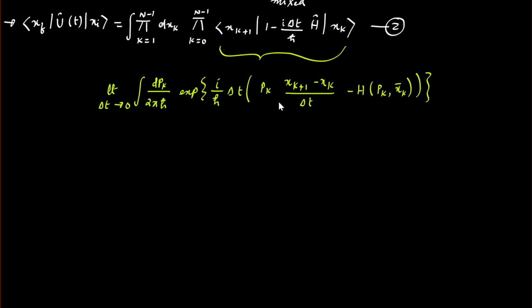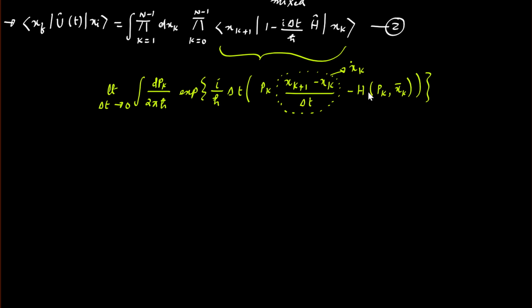You can see carefully that when delta t tends to 0, this expression is nothing but our x dot.